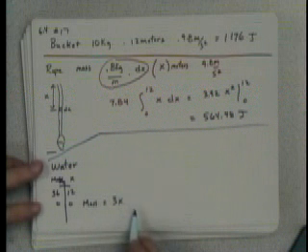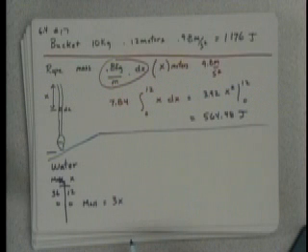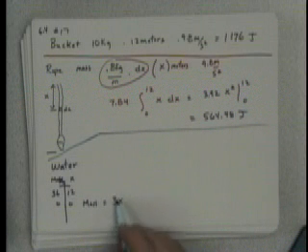So coming up with a linear function, because we have this constant rate of lifting and constant rate, means constant slope. So the mass is just going to be 3x.